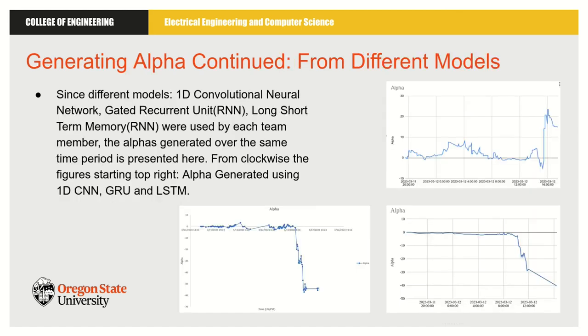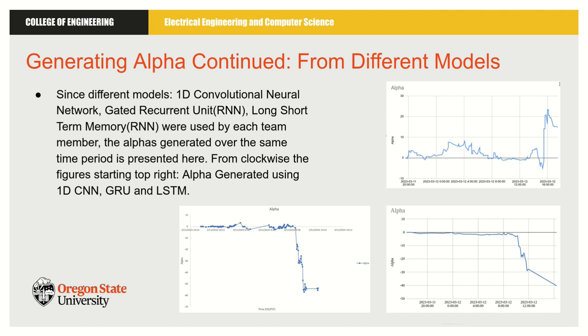Now, since each teammate created different models, the alpha generated will be different for each of their models. Here we showcase the alpha generated by these models during the same time frame. At the top right, we have the one-dimensional convolutional neural network.